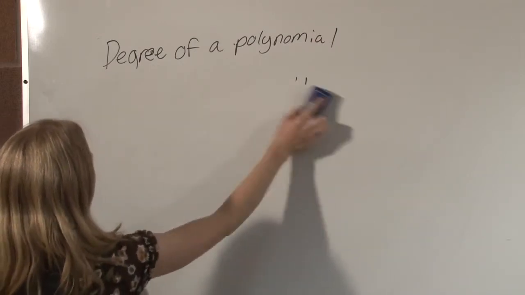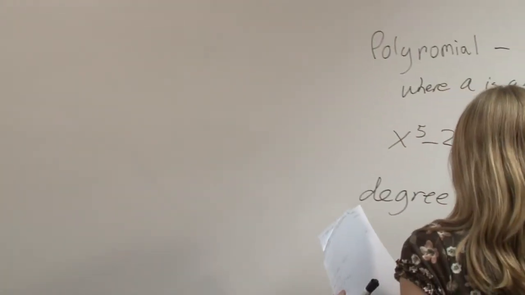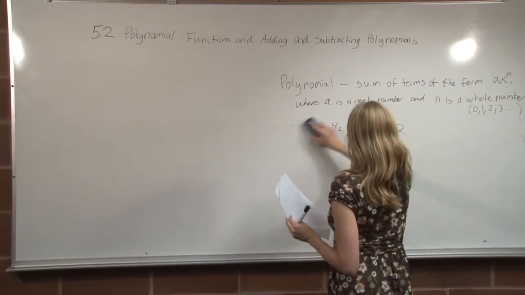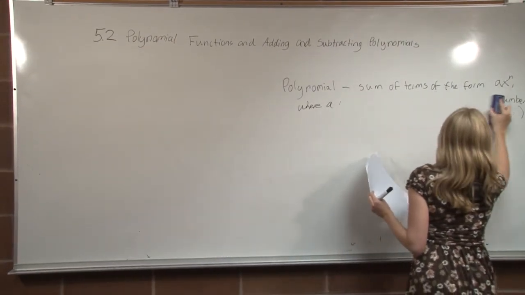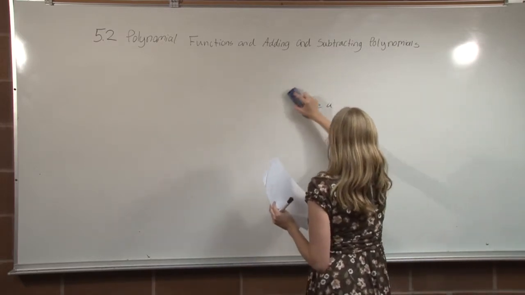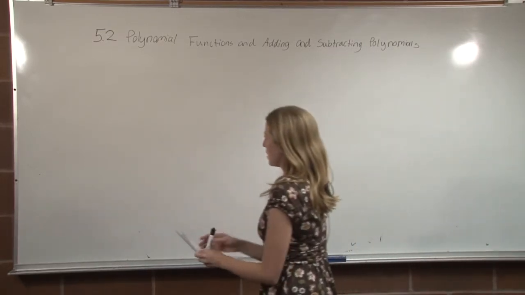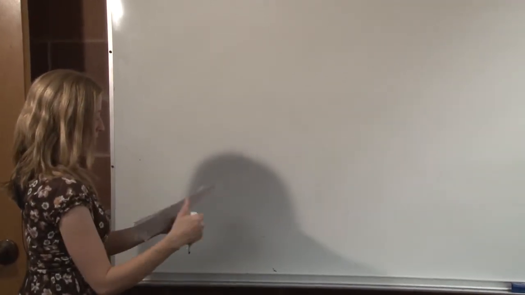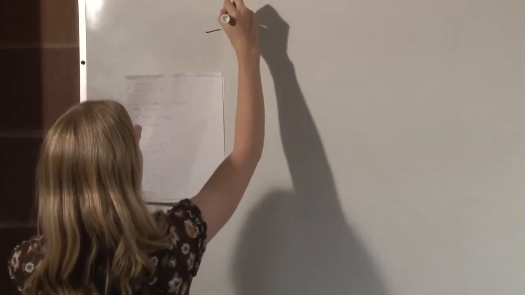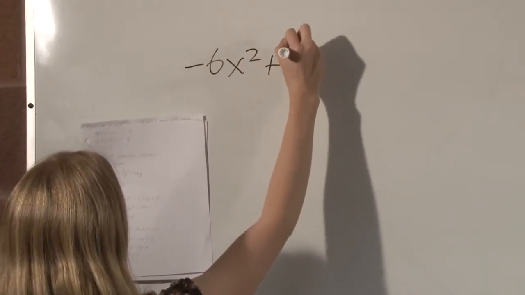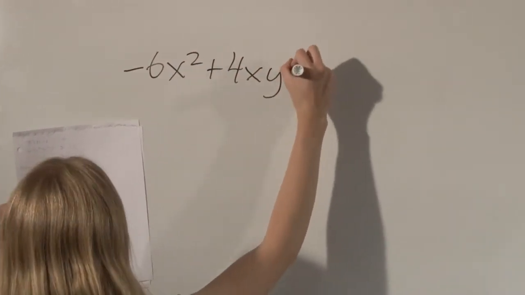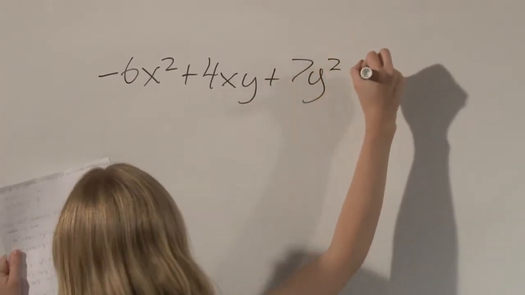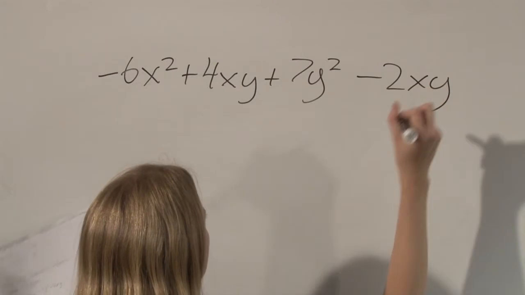Now we're going to start adding and subtracting polynomials. So to add and subtract polynomials, it's just like the same techniques that you've been using in linear equations. You're going to combine the like terms and add the coefficients. So if I wanted to simplify this polynomial here, I would look first and see what the like terms are.